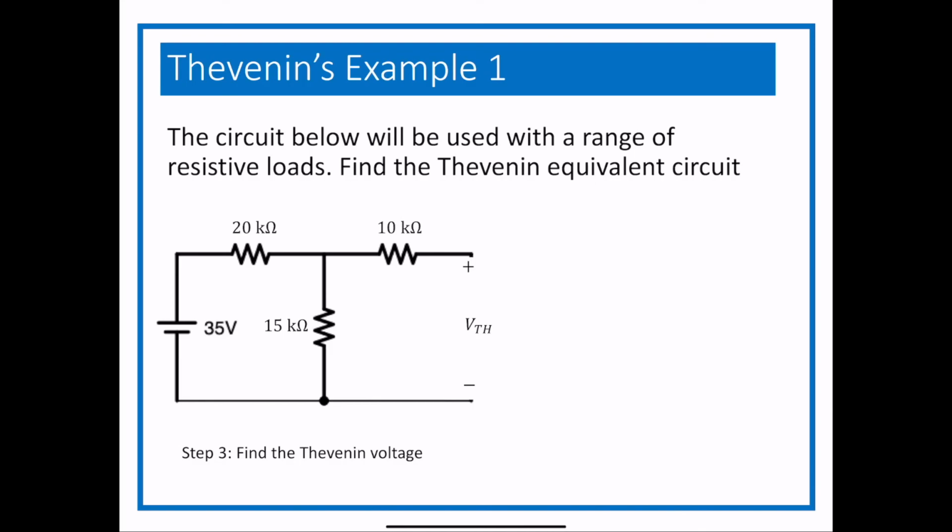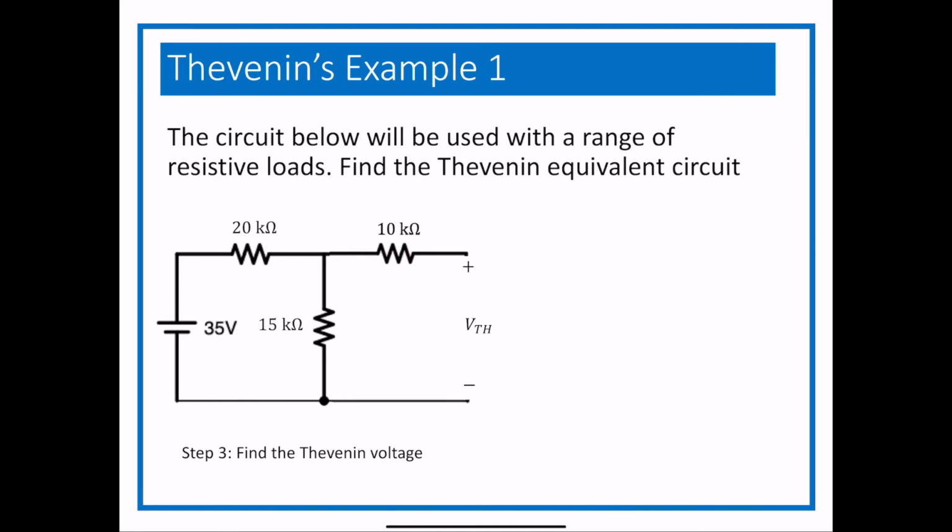Now, first of all, that 10 kilo ohm resistor, if it has no circuit connected to it, it's not completing a circuit, it's just dangling. And because of that, it really isn't part of the circuit when finding the Thevenin voltage. It's not dropping any voltage, it has no current through it, so it's what I call a dangling resistor. This is only true with finding the Thevenin voltage. With Thevenin resistance, we still use it, but with Thevenin voltage, we don't.